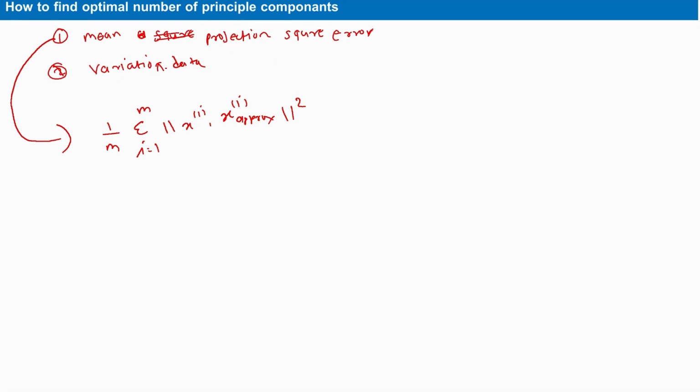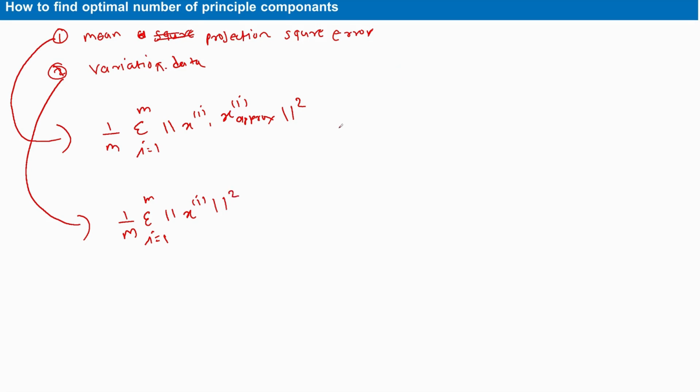Then the next thing is how to find the variation in the data. The formula is 1 upon m, summation of i equal to 1 to m, of the squared Euclidean norm of xi.